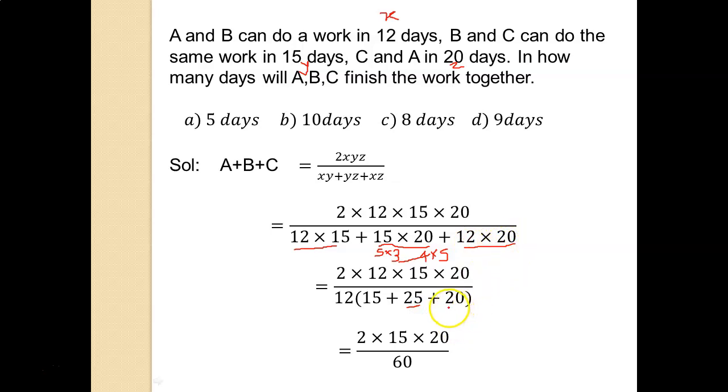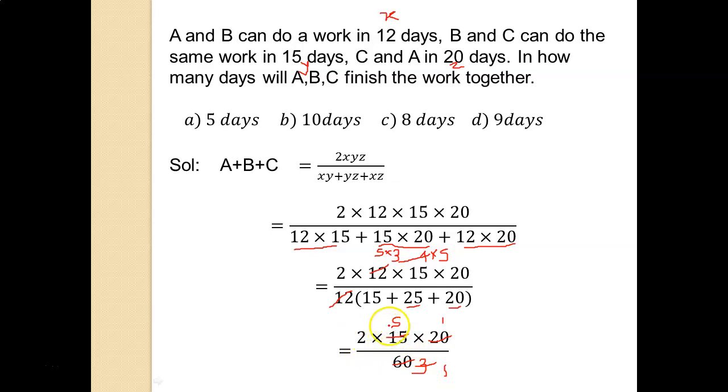So put here 20. Now 12 cancels from numerator and denominator, then the remaining term in the numerator is 2 into 15 into 20, and the denominator is the addition 15 plus 25 plus 20, that is 60. So simplify this calculation. 3 ones are 3, 3 fives are 15.